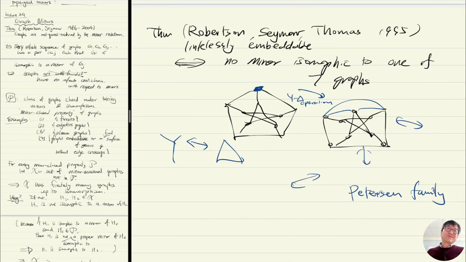Right? If I use Kuratowski's theorem to say the graph is planar, if I only use Kuratowski's theorem as a black box and say, oh, this graph doesn't have a K5 minor or K3,3 minor and therefore it's planar, this is true. But if someone asks you for the planar embedding, then you have no idea.